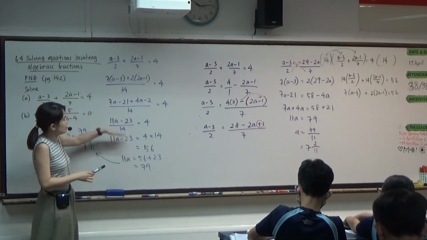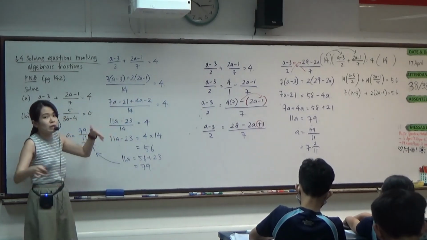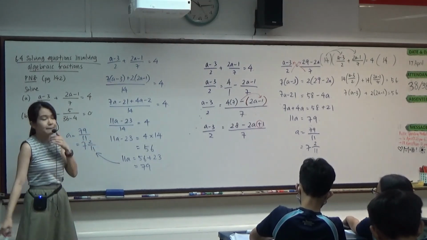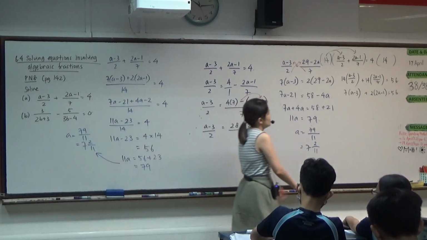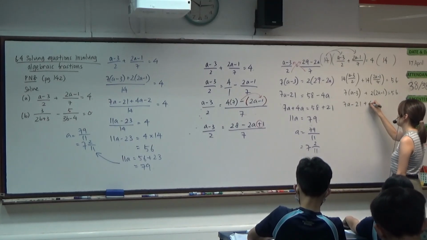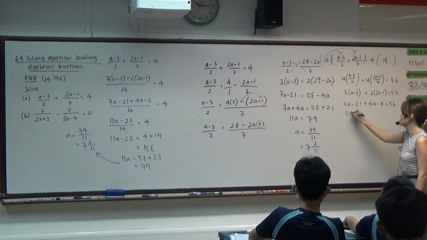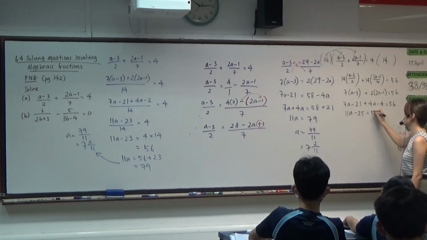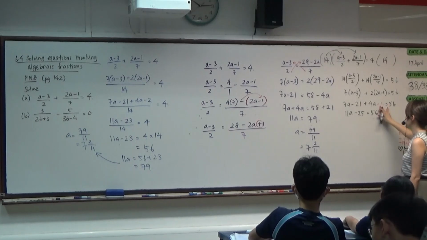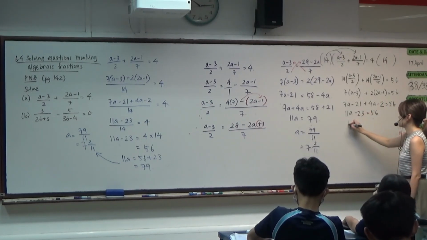So it's actually a faster step. You're doing a lot of things together at the same time. Then we expand this, you'll get 7a minus 21 plus 4a minus 4, 8 minus 2.